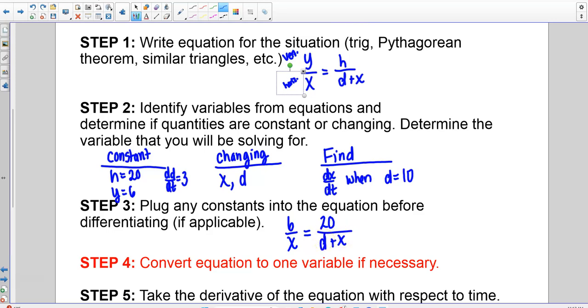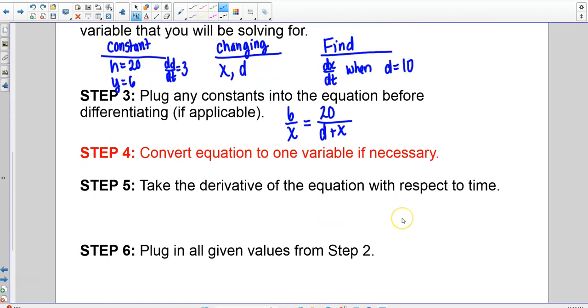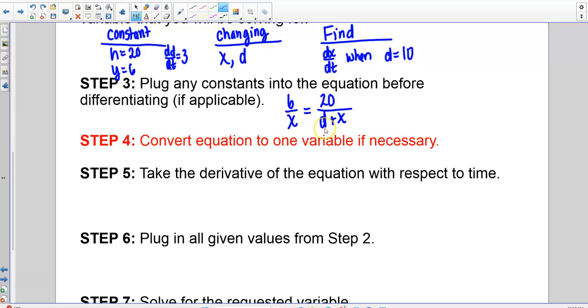And I've got these set up because I want us to think about the steps every time. If you recognize 6 and 20 are constant and plug them in up here and don't want to list it like this, that's fine. This is just trying to help us organize our thoughts. So, if we take the derivative as it is right now, we don't have two variables, so that's good. It's going to be difficult. We can make this much, much, much easier.